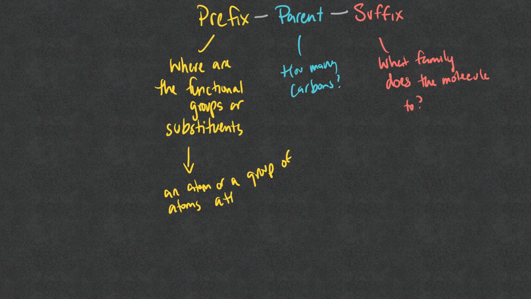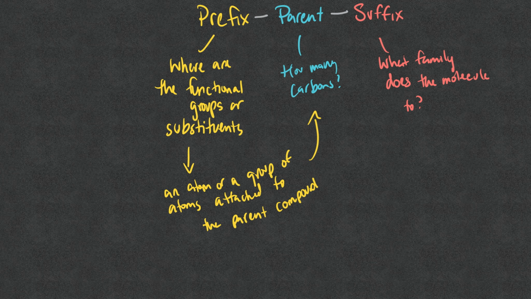That's attached to the parent compound. So basically the substituent is attached to the parent, and that's your main chain of carbons, which we'll talk about a little bit later, okay?